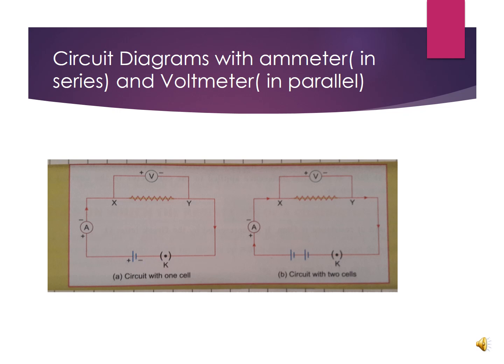These V's are nothing but the voltmeters we have connected. Please observe that the ammeter is in the main circuit, so it is in series. But the voltmeter is in a branch, so it is in parallel. Voltmeter is connected in parallel. Ammeter is connected in series.